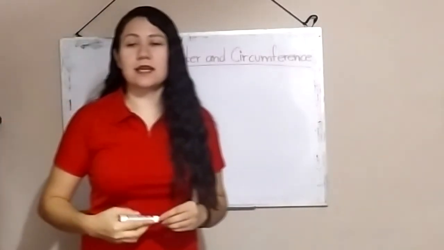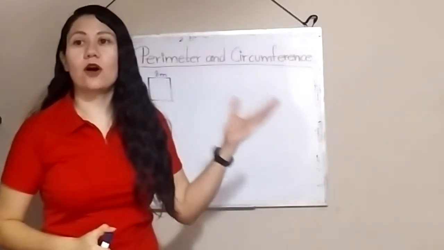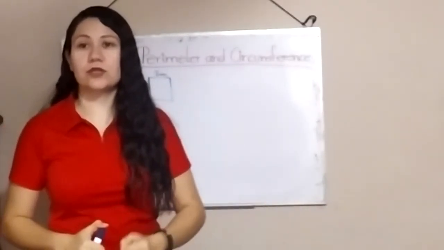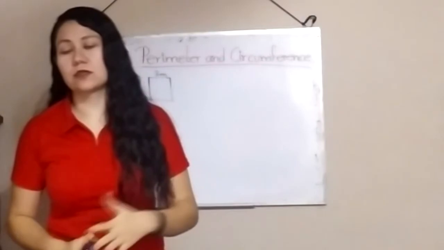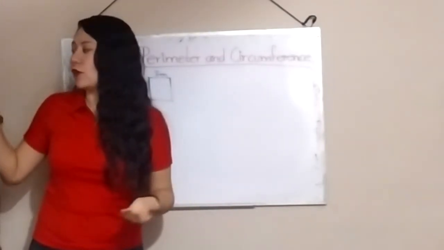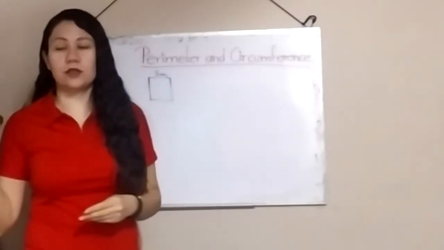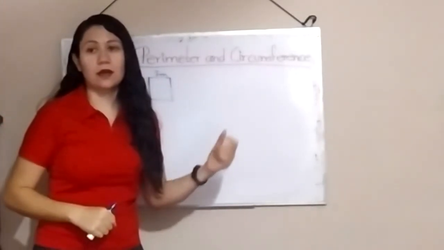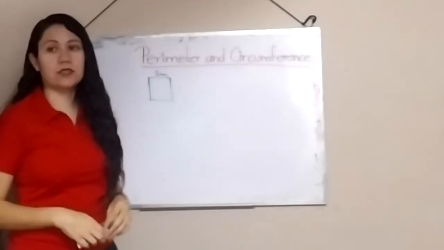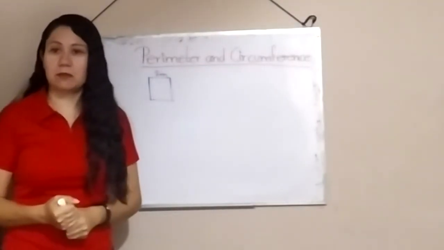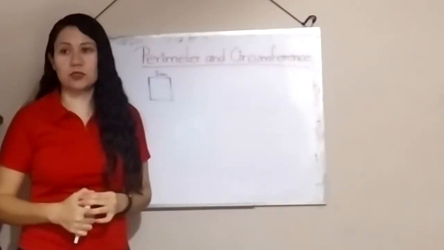Since one of its sides is 8 meters, all of its sides are going to be 8 meters. We can use the formula that we have on our presentation, or we can just add together each of the sides. Both of them are going to give us the same result.